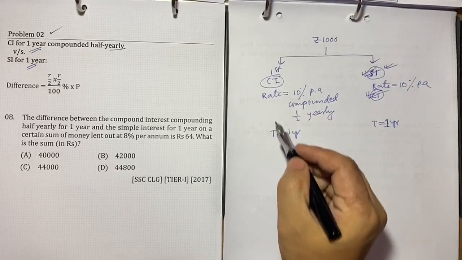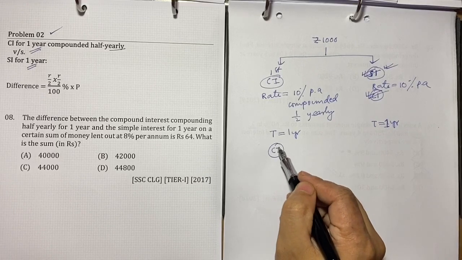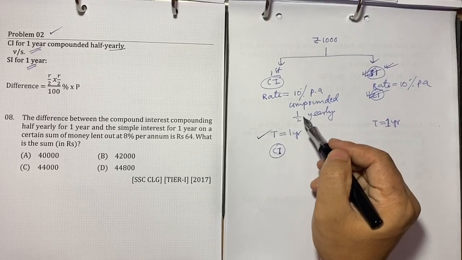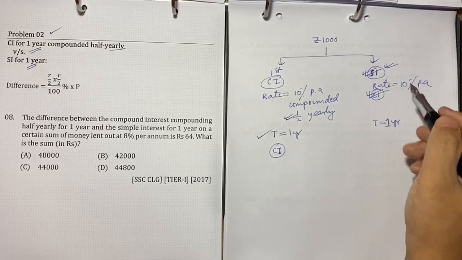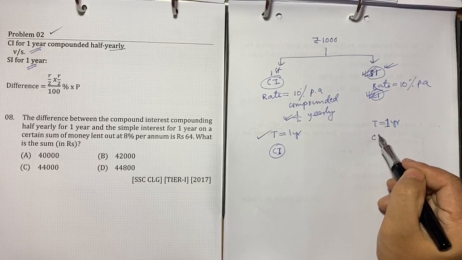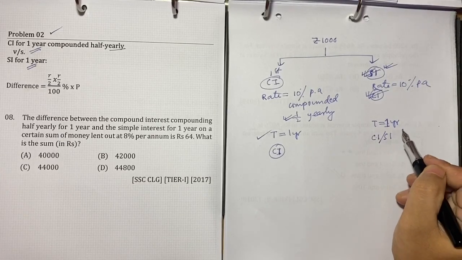So here, compound interest for 1 year compounded half yearly and simple interest for 1 year.